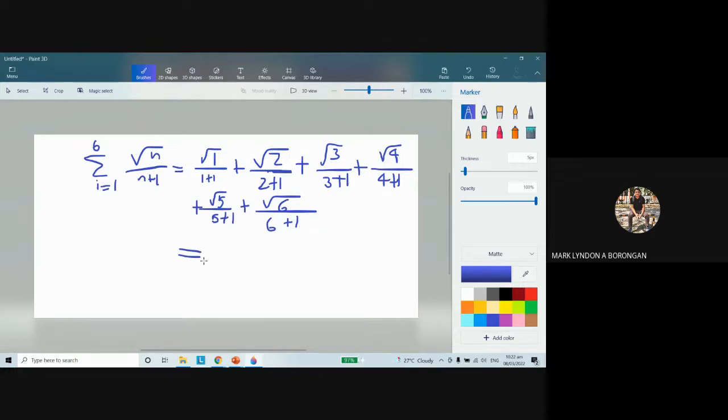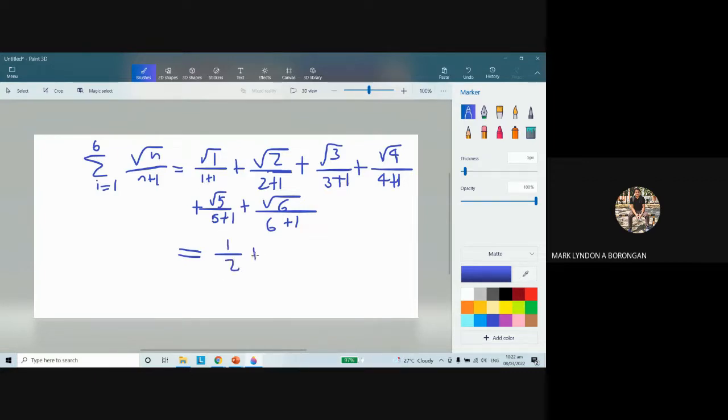So, what is the next step? Simplify whatever can be simplified. The square root of 1 is simply 1, and 1 plus 1 is 2.